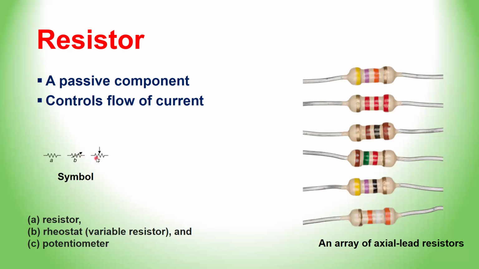The third symbol is also sometimes seen, and that is also called a variable resistor, or popularly a potentiometer. So here, A is a fixed value of resistance, which means its value cannot be changed. However, B and C are called variable resistance, and the value can be varied.